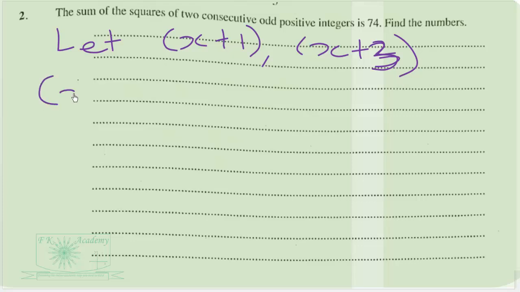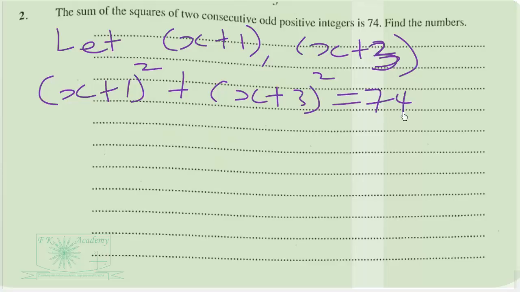So let's square them. So (x plus 1) squared plus (x plus 3) squared should be equal to 74. So we expand to get x squared plus 2x plus 1, plus x squared plus 6x plus 9, is equal to 74.